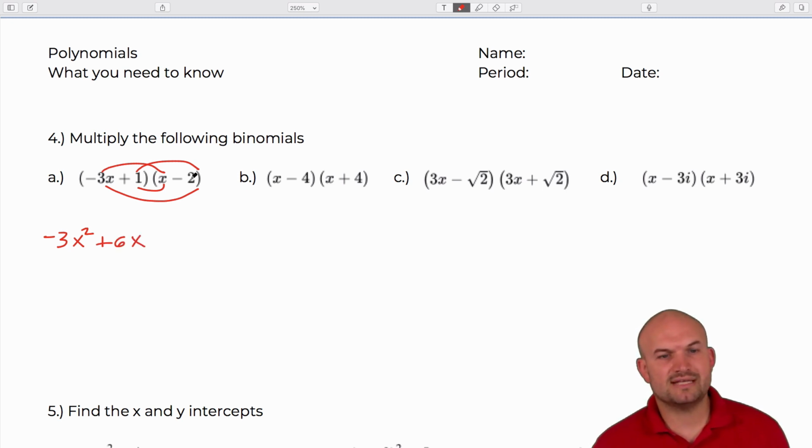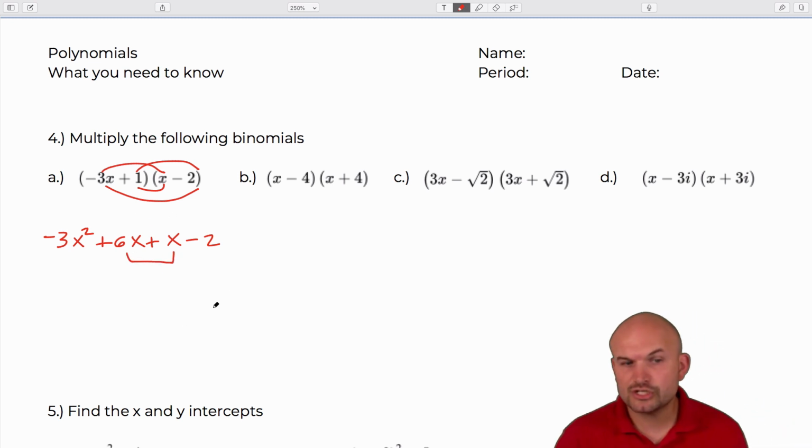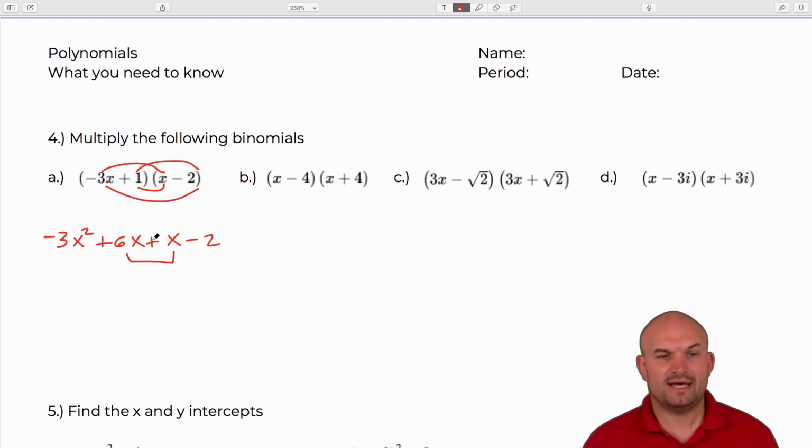Then we could do 1 times x, which is a positive x, and then 1 times negative 2, which is a negative 2. Now we notice here, by multiplying it this way, we have our like terms in the middle, so we can just combine those. So therefore we get negative 3x squared plus 7x minus 2, okay?